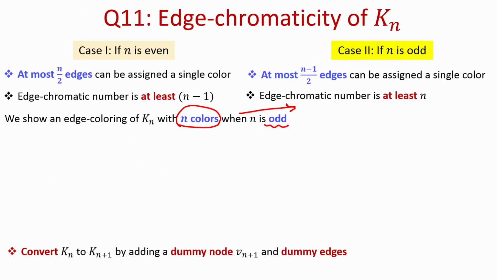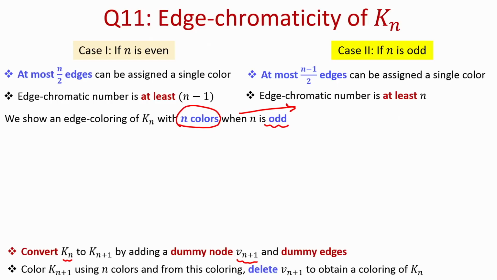So, the idea here is I can convert the complete graph with n nodes to a complete graph with n plus 1 nodes by adding a new vertex and the required dummy edges, and since n was odd, n plus 1 will be even, and I know a coloring mechanism to color a complete graph with n plus 1 nodes where n plus 1 is even using n colors, namely the coloring that I had discussed just now. So, take that coloring and now you delete the dummy node and the corresponding edges, that will give you the coloring for the original complete graph with n nodes where n was odd.